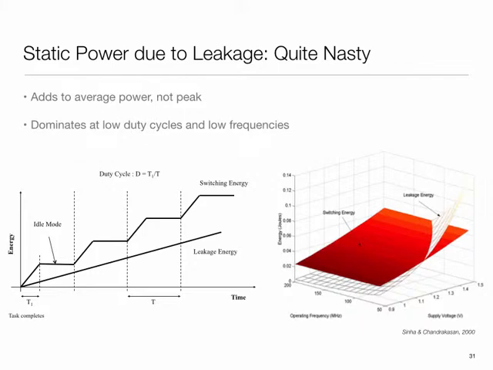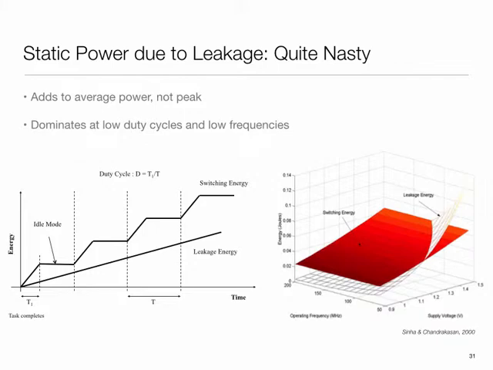Now look at how things may pan out if I duty cycle the system. What I mean by that is, imagine I run the system for a while, do some computation, then idle it for a while. So I'm still on, but I'm not doing anything.